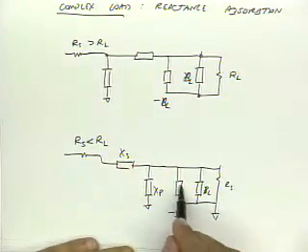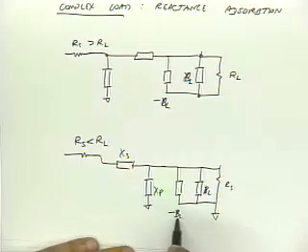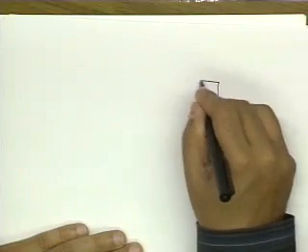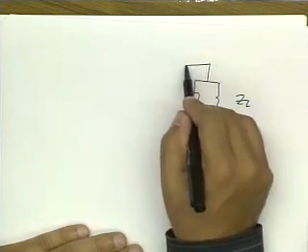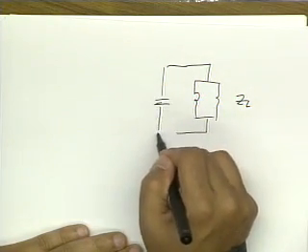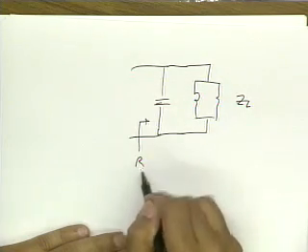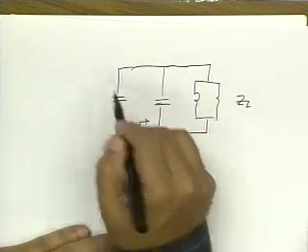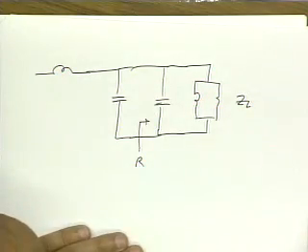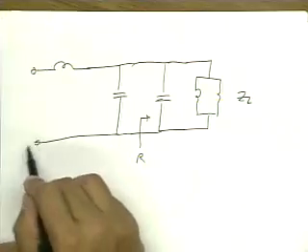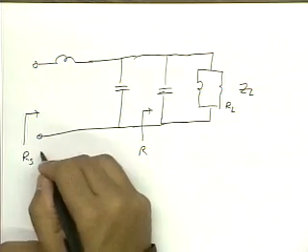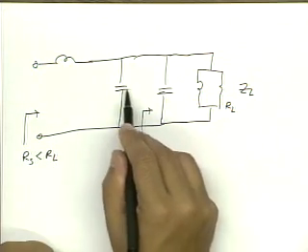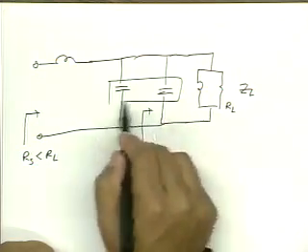And now you notice that this and this together can get absorbed together. So for instance, let me just do a real example. Let's say this is my load. First of all, I put a capacitor across here so that from here I just see R. And then I'm going to put another matching network here. And so here I just see an RS, which is less than RL, and I notice that this extra capacitor could just get absorbed into one capacitor.